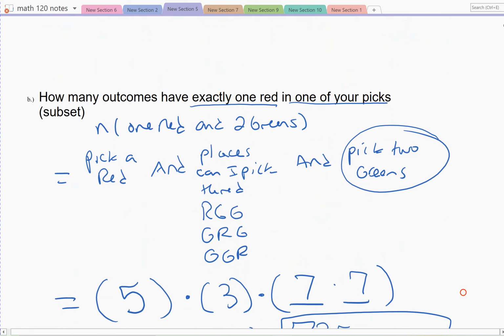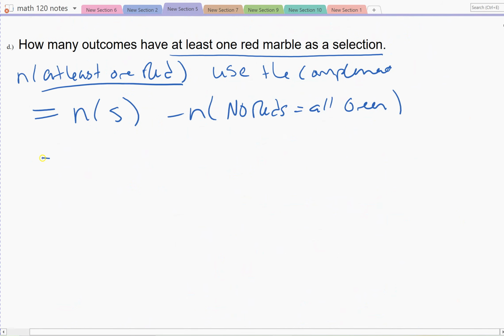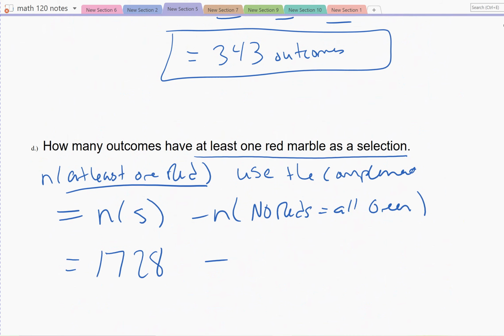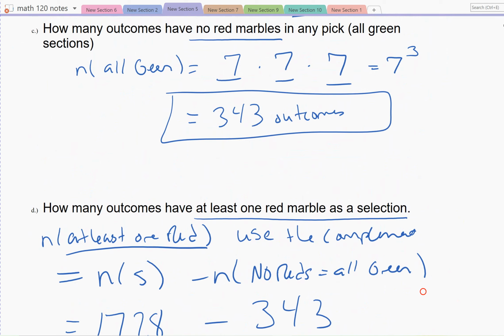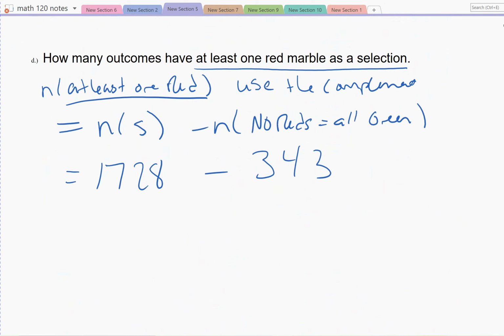All right, so the universal set was 1,728. So there are 1,728 outcomes. 343 of them, right, were all green. No reds showed up in 343 of the outcomes, which means if I throw away those outcomes, if I subtract them, I'm left with all of the outcomes that have at least 1 red.